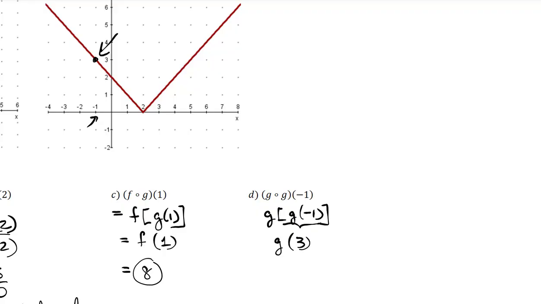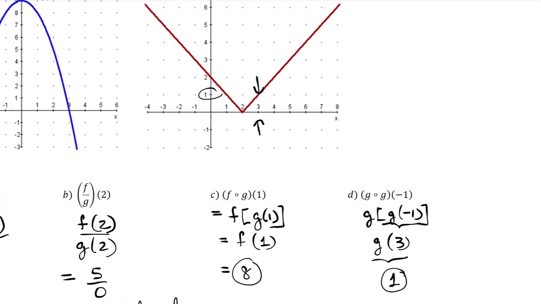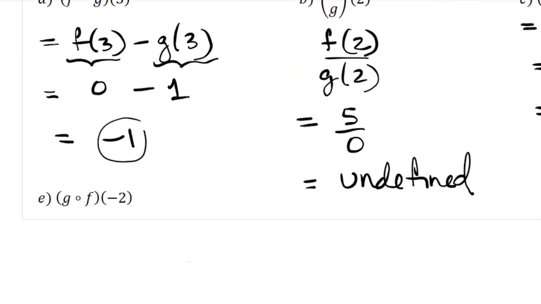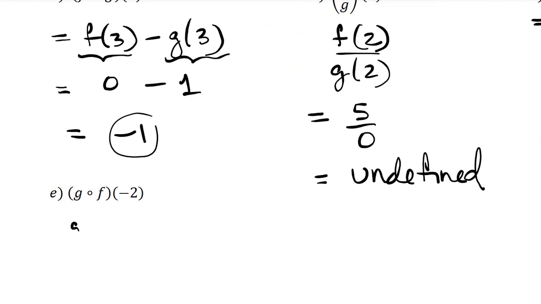Making the substitution for g of -1 as 3, we now have the expression g of 3. So when x is equal to 3, the output value there is 1. And that's part D.